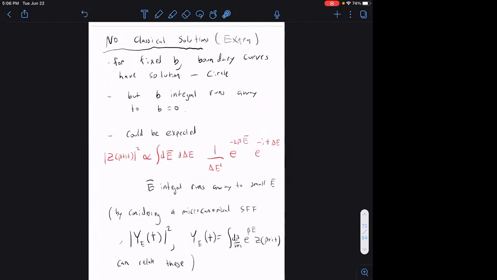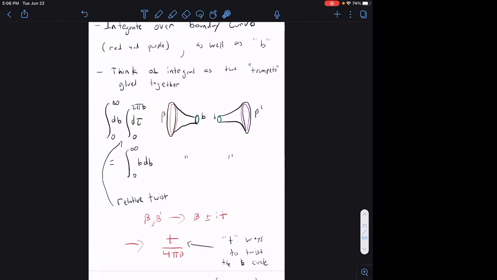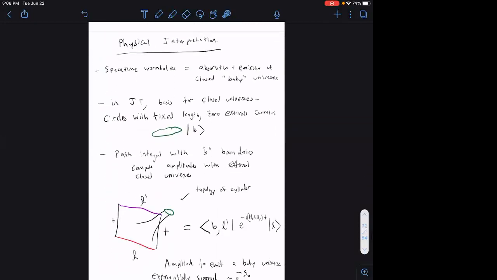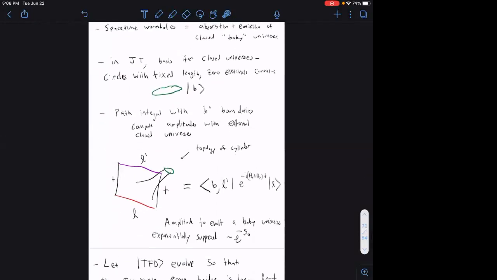So these trumpet things that I've drawn, they look like path integrals where there's an external baby universe state, B. And here I've drawn an example of another path integral with an external baby universe.